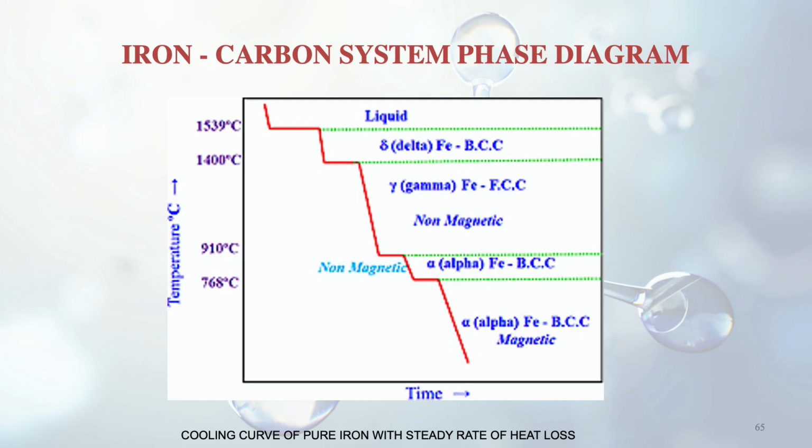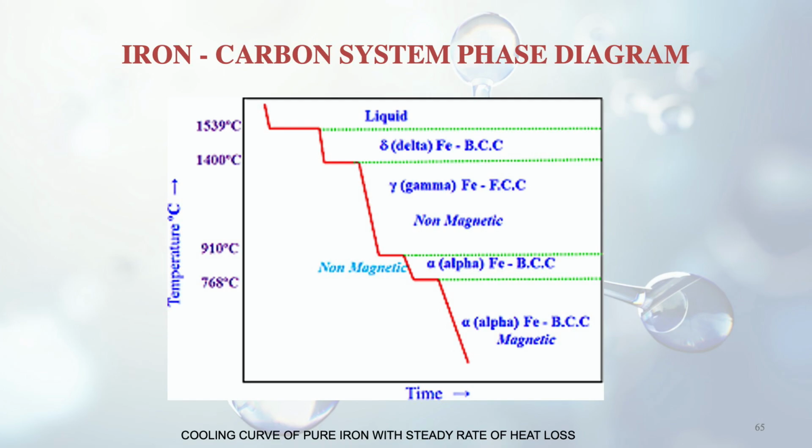For example, if you keep hot water in a steel vessel, it takes a certain time for its temperature to come down. Here it is also the same case, and then it comes down, but always in a linear manner. All these are straight lines, so it's a linear curve.